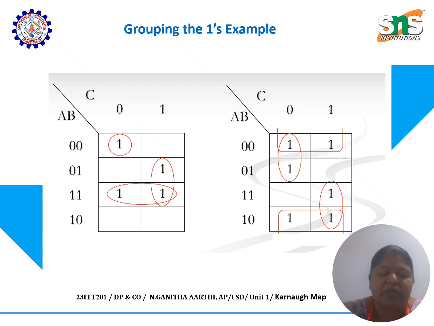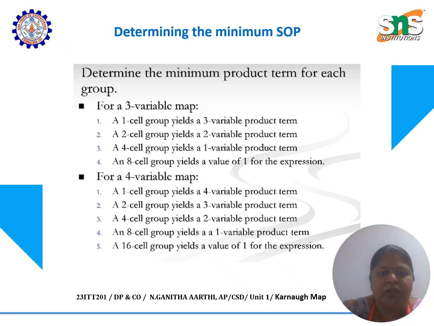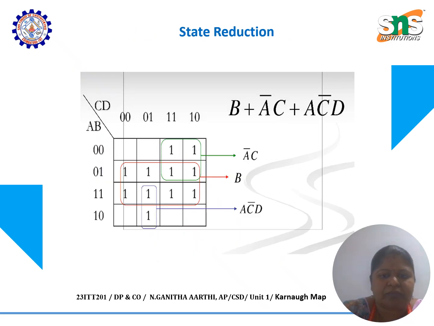In the first example, ABC, the ones values have been denoted in the minterm values given, and the grouping is then done as you see here with the adjacent cells. Similarly for the 4 variable we have given the adjacent cells. Okay, thank you.